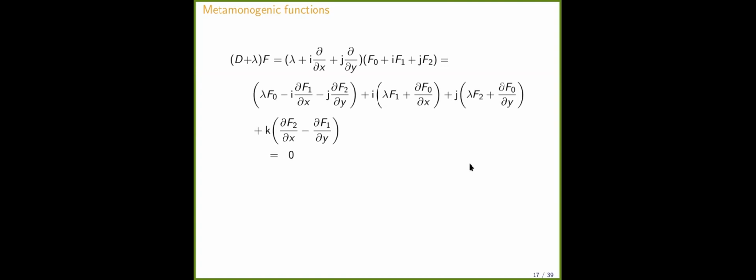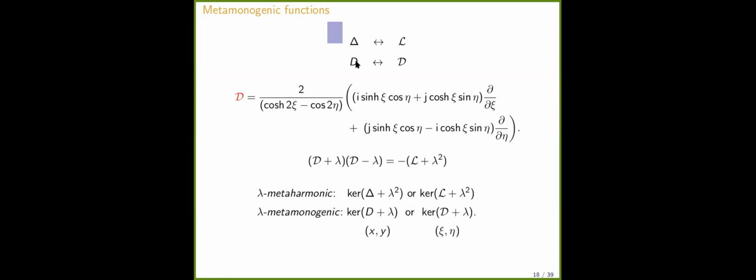An interesting fact to note is that if this derivative is 0, the derivative of f naught, then f1 is 0, because I'm always assuming lambda is different from 0. So if f is lambda metamonogenic with lambda different from 0, and the scalar part of f is constant, then f1 and f2 are 0, so f is identically 0. We'll come back to that later, but I haven't found in the literature that anybody has ever noticed this fact before, but it's quite elementary.